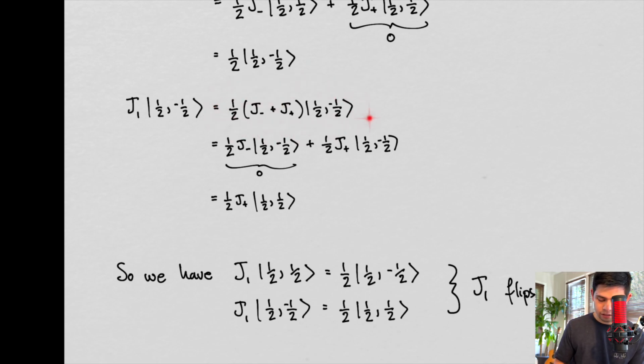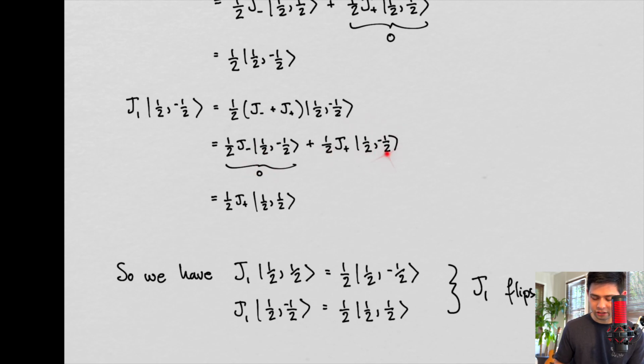this again is just equal to this because we define J1 to be, well, we don't define it to be this, right? We define these two guys and then we can get J1 from these guys. But anyways, we get this and then we do the same thing, right? But instead this guy goes to 0 because J minus acting on the lowest eigenvalue for this J max is going to take us to 0.